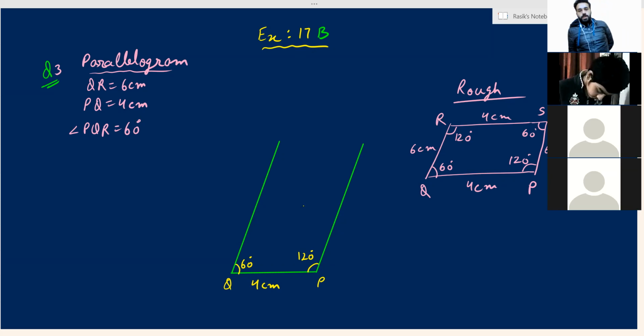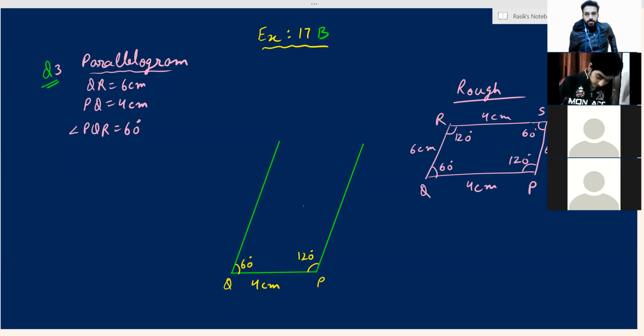Okay. So Pranjali will tell us what to do after this. Pranjali, how to find the vertex R? Try. No problem if your answer is wrong. No one is going to hurt you.